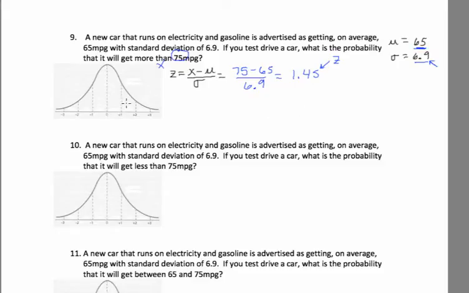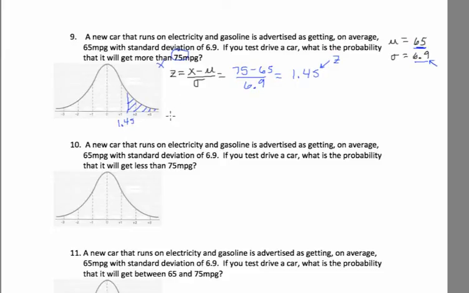Next, you draw that in on your graph. We want to know what's the probability it's going to get more than that. So we look up the probability that goes with 1.45. But that probability, remember, is to the left of our z-score.